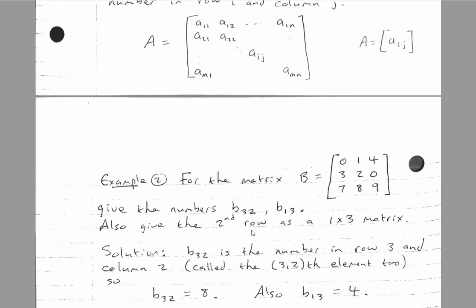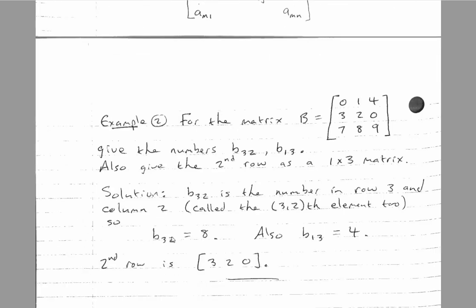Also give the second row as a 1 by 3 matrix. So what is B sub 3, 2? Well, we need to look in the third row and the second column.